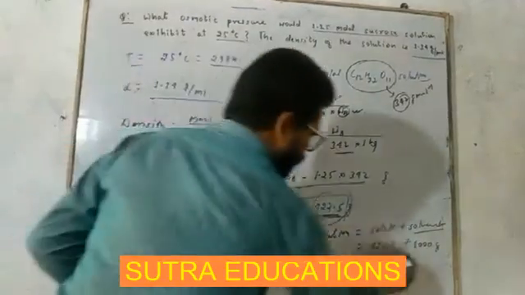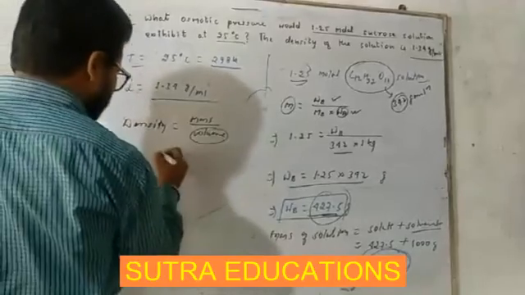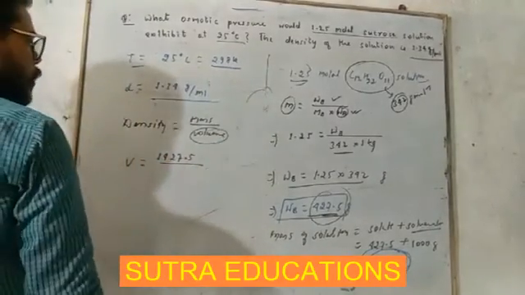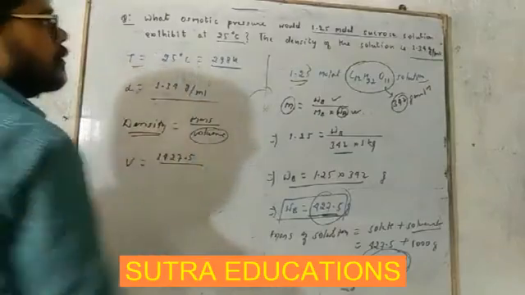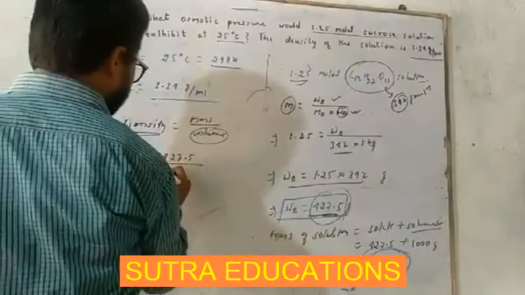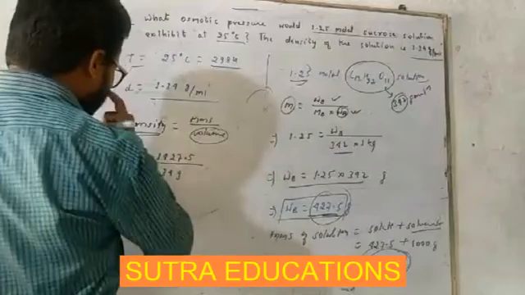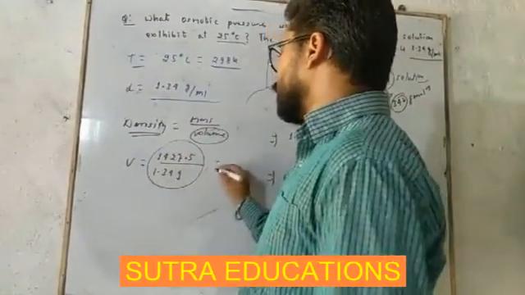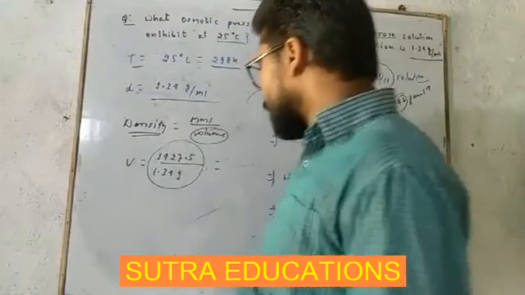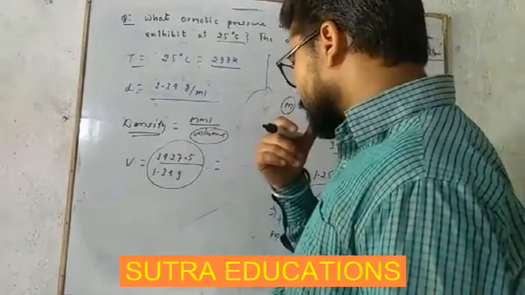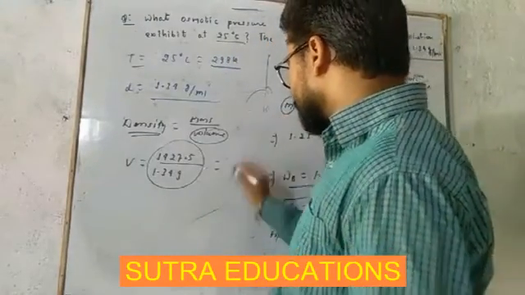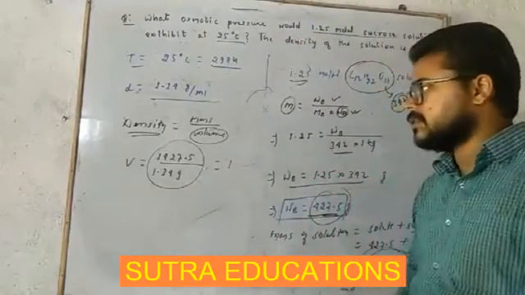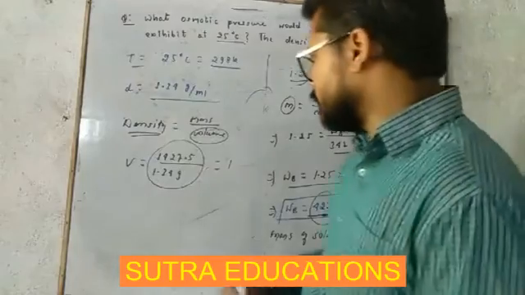The mass of solution we have calculated, 1427.5, upon density, which is given as 1.34 gram per ml. Getting this or not? From here we will calculate volume, and I think it will be about 1000 something. Just calculate it. So now we will get the volume.